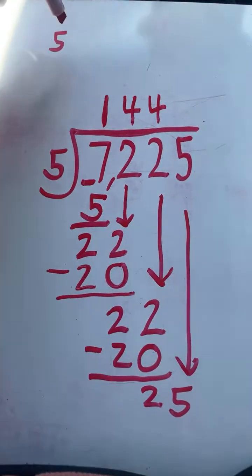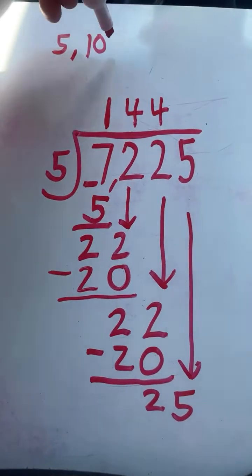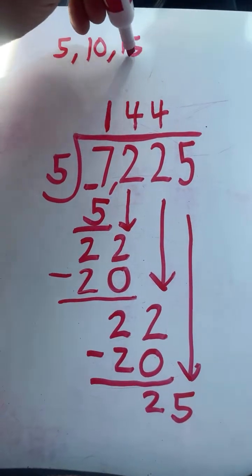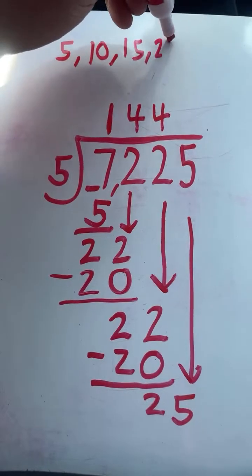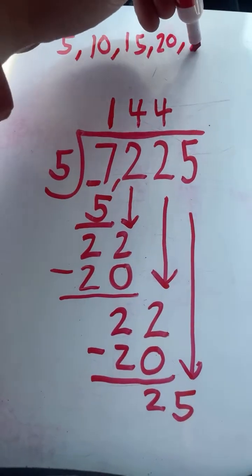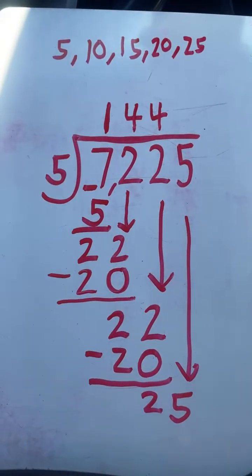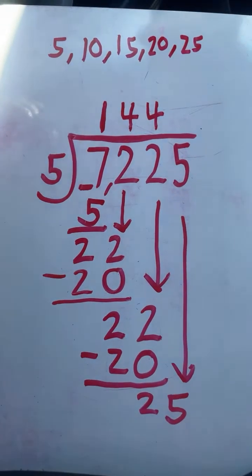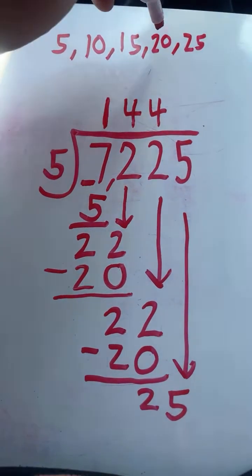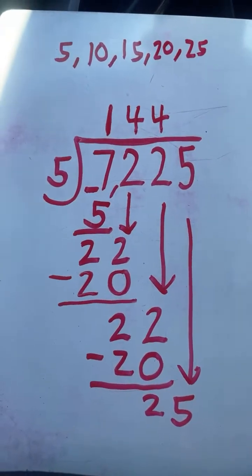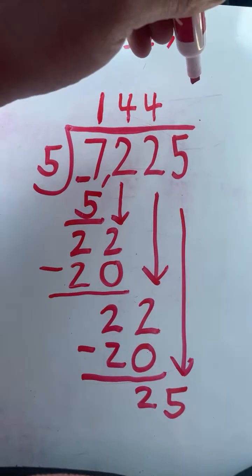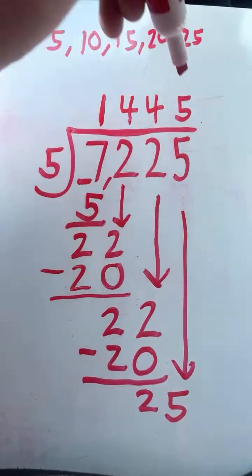But 5, that's one group. 10, two groups. 15, three groups of 5. 20, four groups of 5. 25, 5 groups of 5. So 5 goes into 25 1, 2, 3, 4, 5 times. We're able to get 5 groups of 5 within 25. So 25 divided by 5 equals 5.